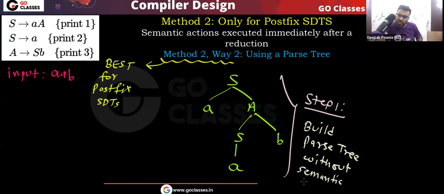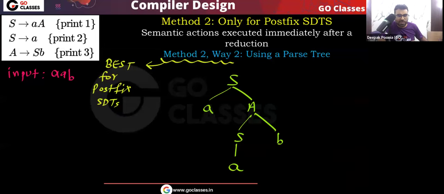Okay, you just build the parse tree. Now, step number 2: we will perform left to right depth first traversal. And remember, semantic actions will be executed immediately after a reduction. This is what we are going to do.